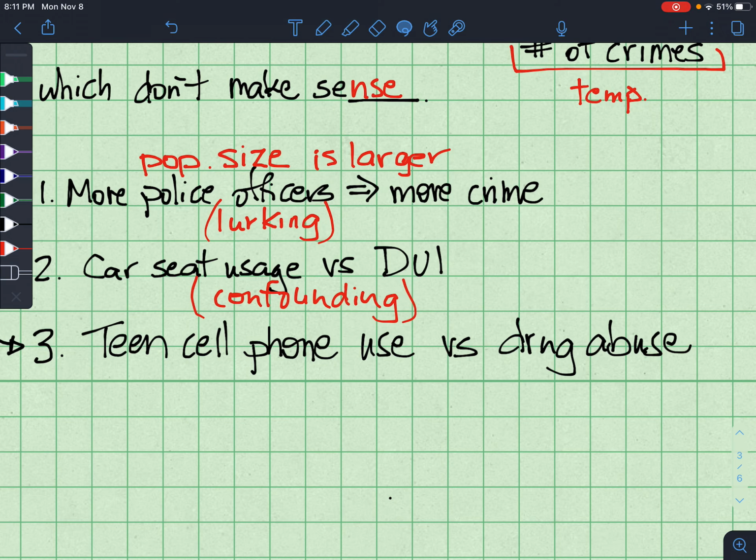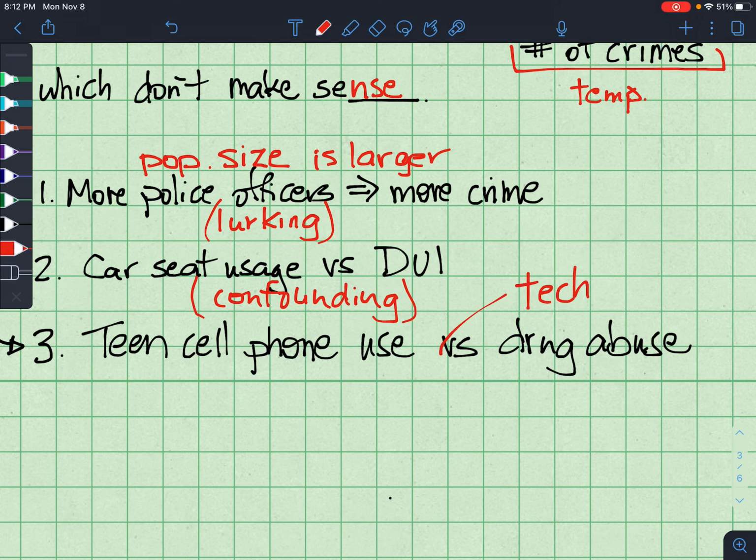That might be something like it's not the use of the cell phone, but that there's a common factor: technology has advanced. And so drug abuse has also advanced, and we've gotten better at detecting drug abuse. Okay?